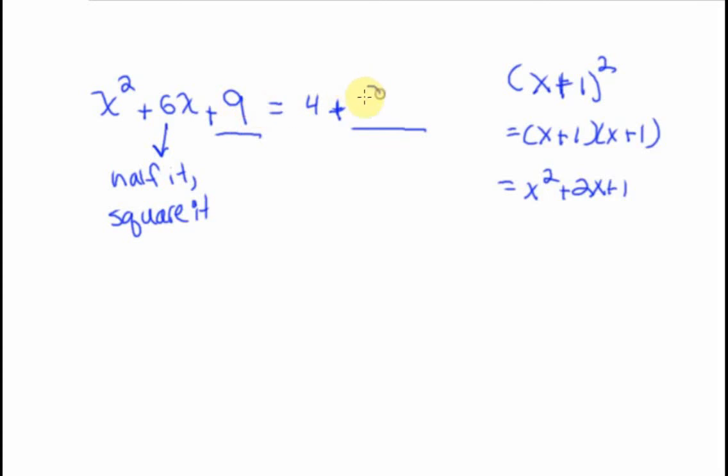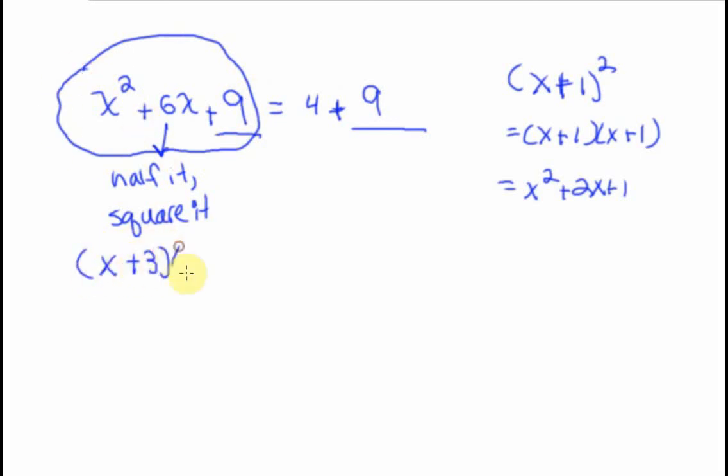Now if I'm going to add 9 to one side, I have to add 9 to the other side. Now look at what we have here. This factors into x plus 3 times x plus 3. It's a perfect squared polynomial. I can write this as x plus 3 squared. And 4 plus 9 is what? 13.